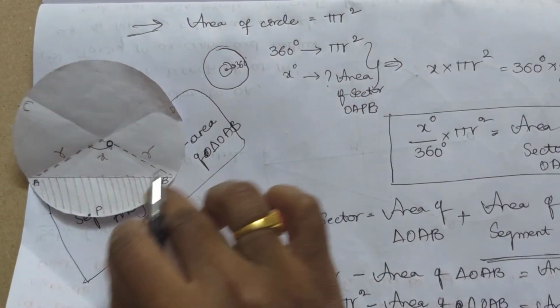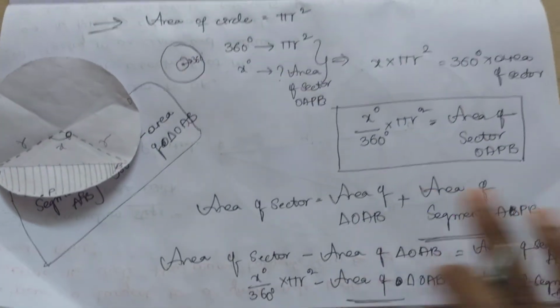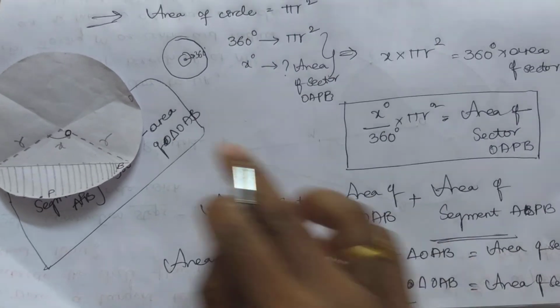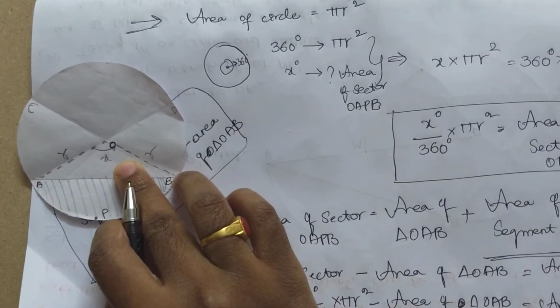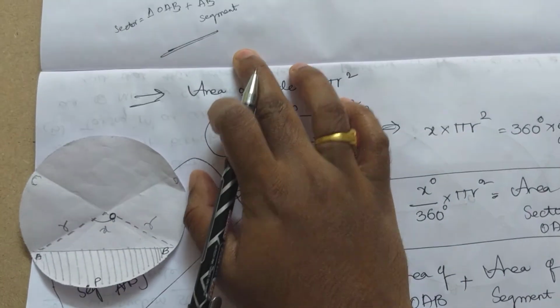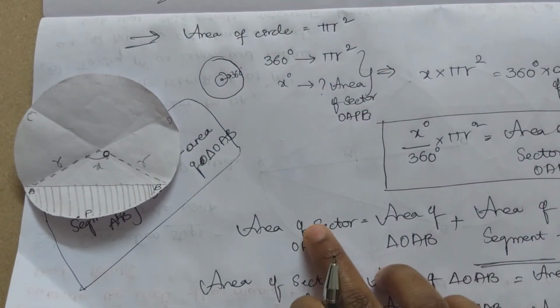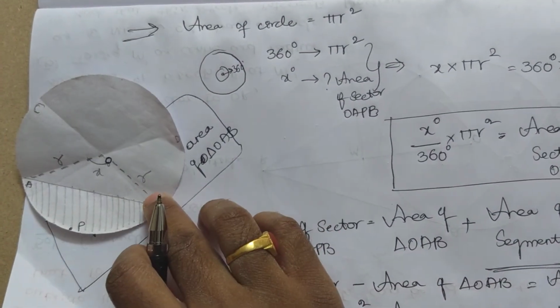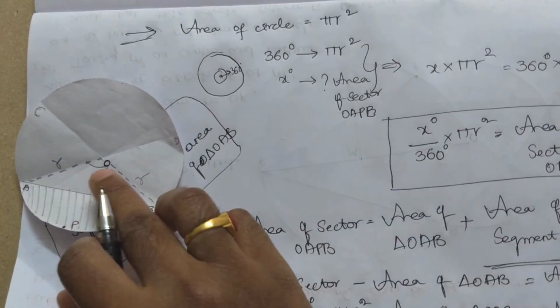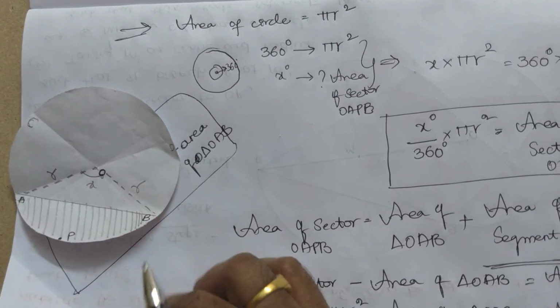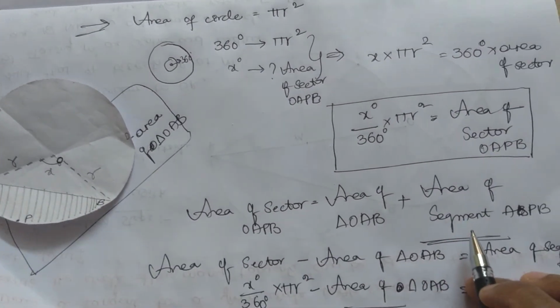This OAPB forms the sector. What does the sector comprise of? I told you in the starting, it comprises a triangle plus a segment. So area of sector OAPB equals area of triangle OAB plus area of segment APB.